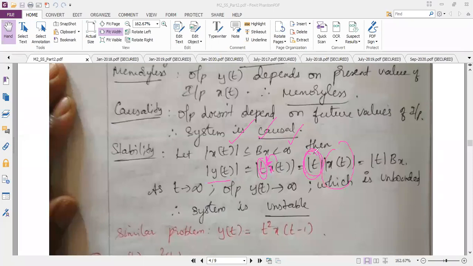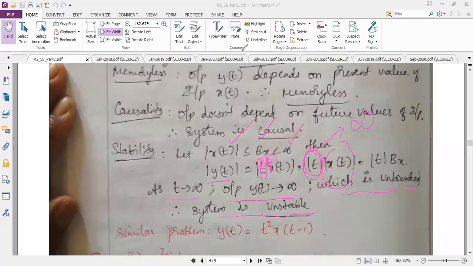If some huge number is multiplied with x of t, then if t is infinity, my output is also infinity. I should not have infinite answers. I should have only finite answers. So as t tends to infinity, my output y of t also tends to infinity. So I can say the system is unbounded. That's why the system is unstable.